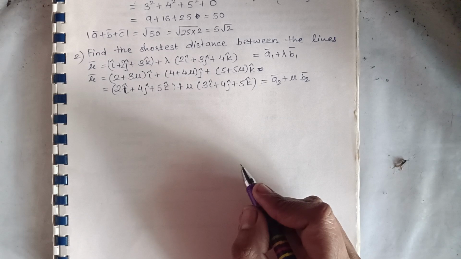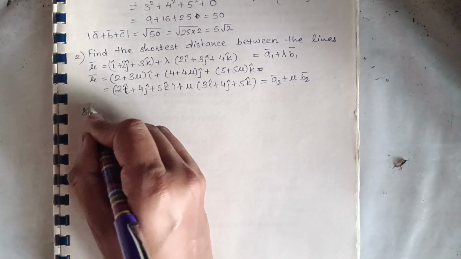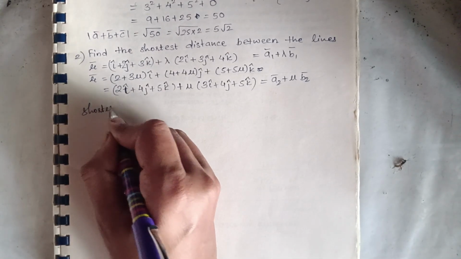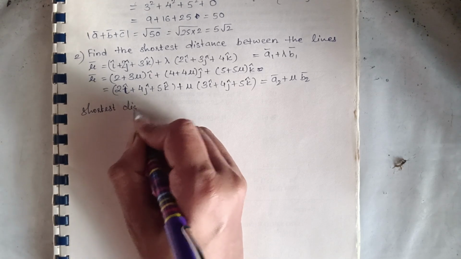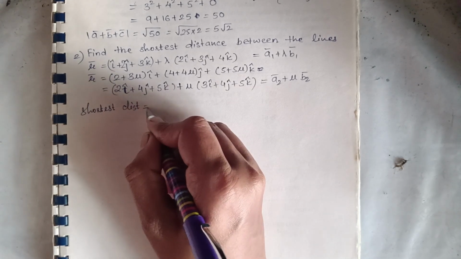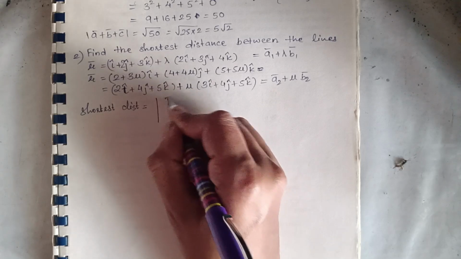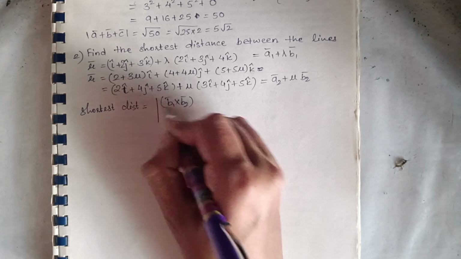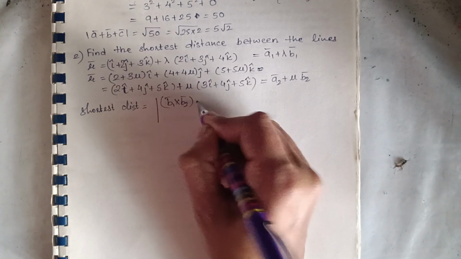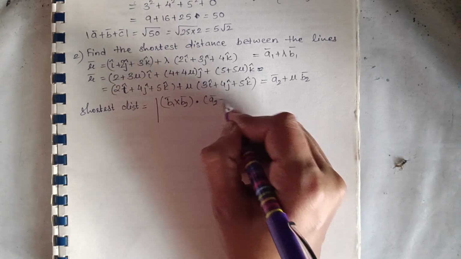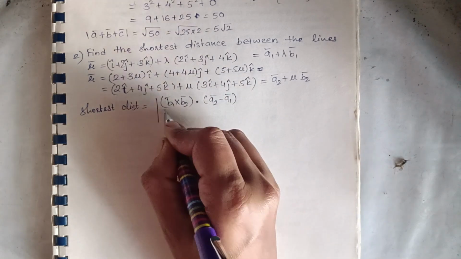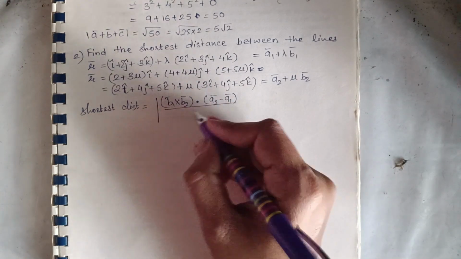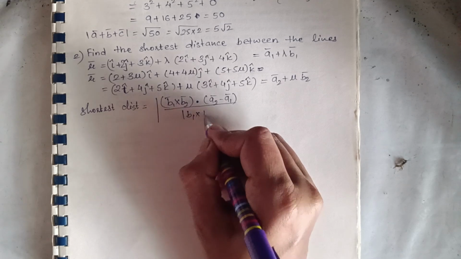So the shortest distance is given by the formula: magnitude of b1 cross b2 dot a2 minus a1, upon magnitude of b1 cross b2.